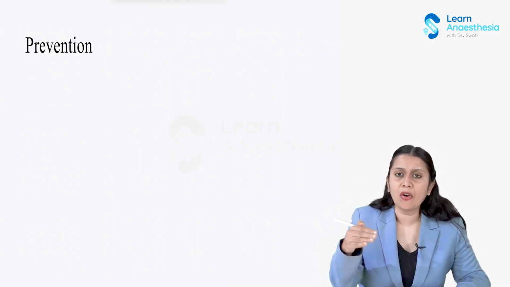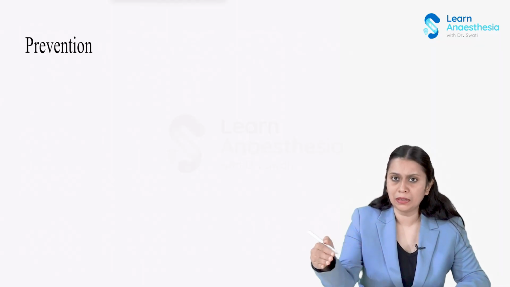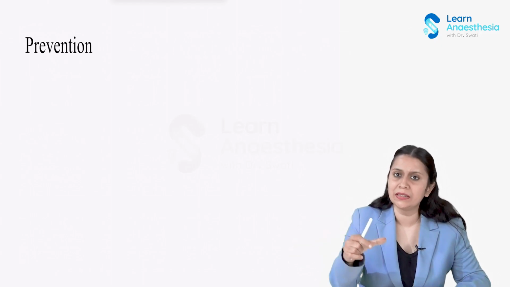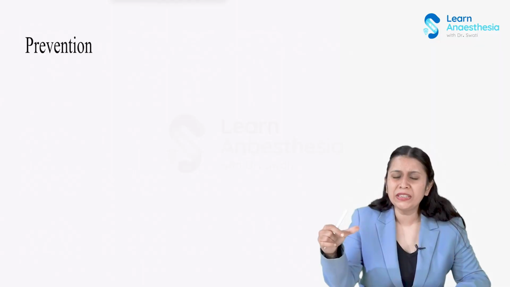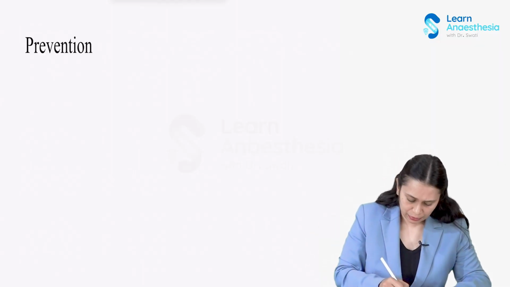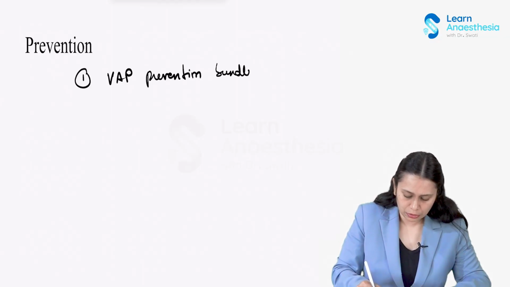The training of the nursing staff to practice the VAP prevention bundle, regular follow-up of the practices, and regular antibiogram to see whether antibiotic resistance is developing or not, all this would help in decreasing the incidence of VAP. Unwanted use of antibiotics should be avoided. So to prevent VAP, that is ventilator-associated pneumonia, prevention bundles should be developed.